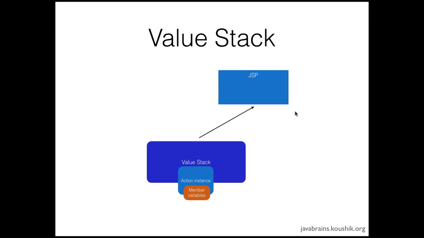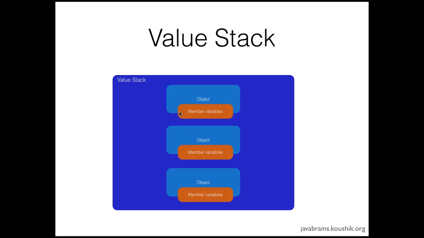There are a few tricks that the value stack performs. It helps ease the way we code, but it's important that we understand it so that we know what's happening. One of the things that the value stack does is it behaves as a virtual object. What do I mean by a virtual object?